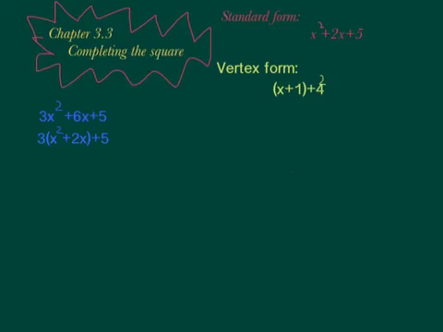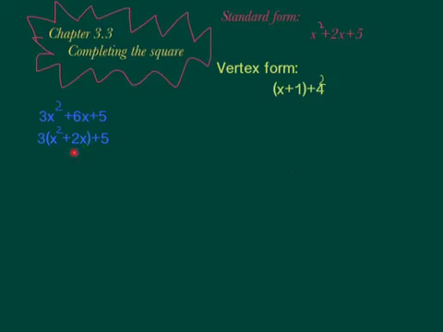Okay, now second step is to look at the coefficient of the x. Okay, first step was to look at the coefficient of the x squared. Second step, look at the coefficient of the x. Now, in order to match our square formula, we need to divide this one by 2, okay, and then square it.